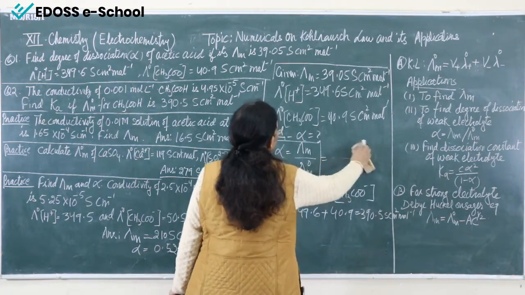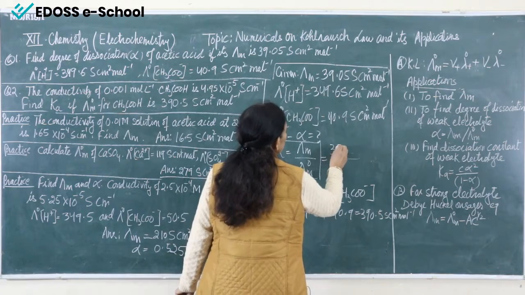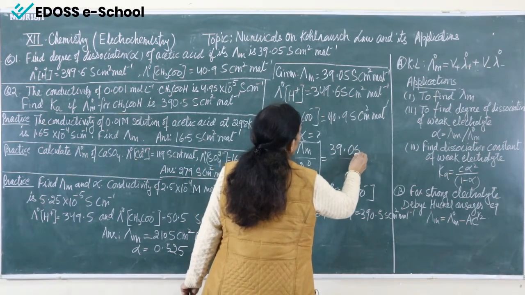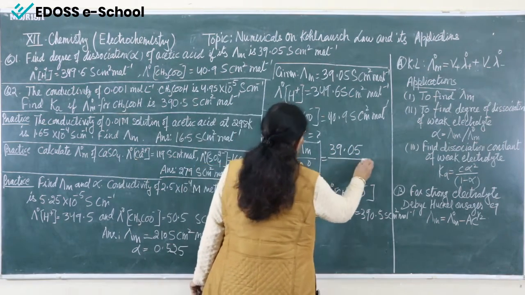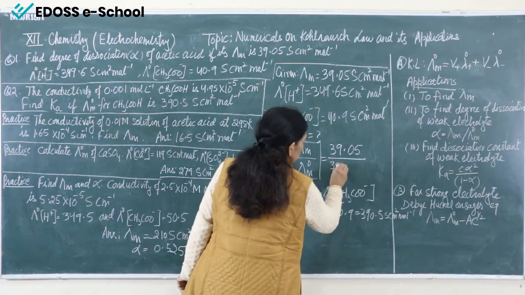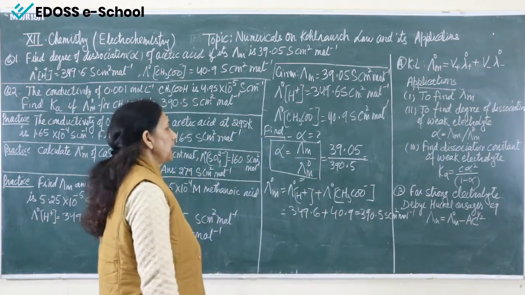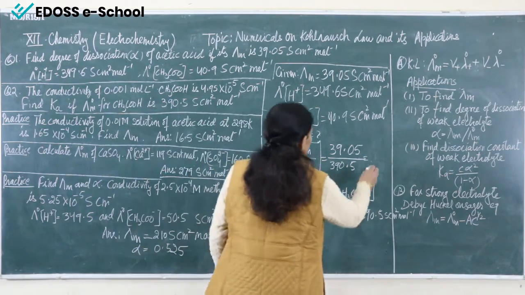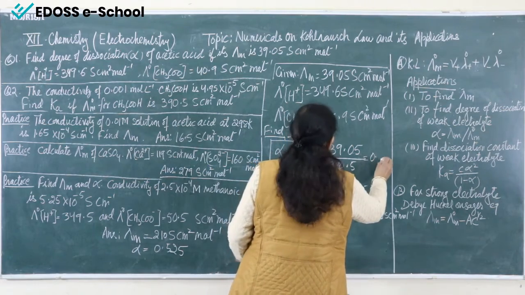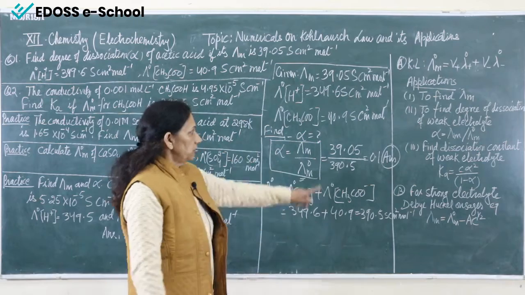So, lambda m is given here, this is lambda m, 39.05, and limiting molar conductivity is this, 390.5. So, after calculating we will get the answer 0.1. This is our answer.